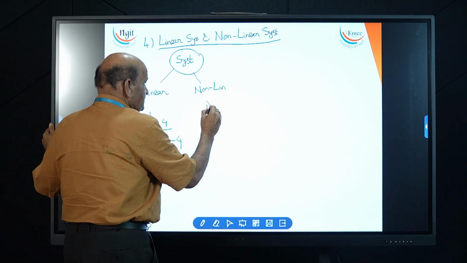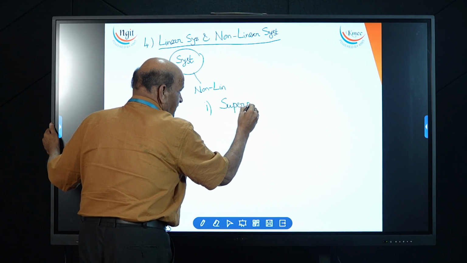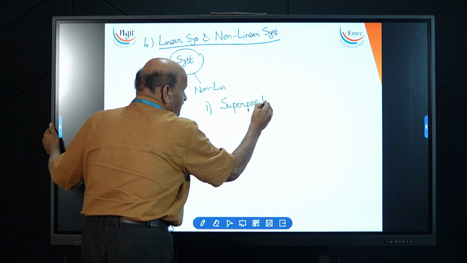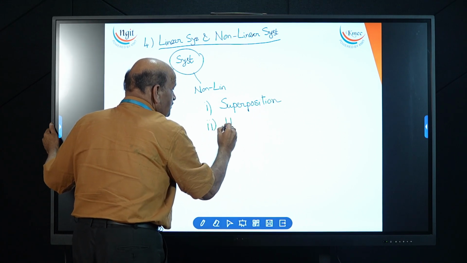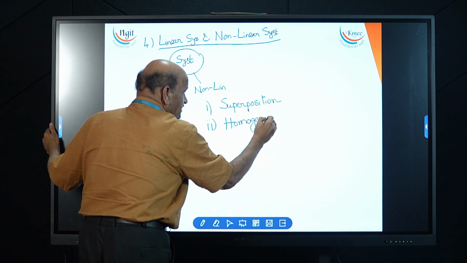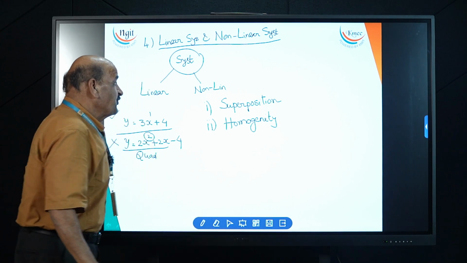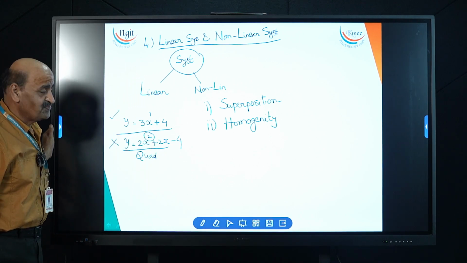What are these two conditions? The first one is called the superposition condition. The second one is called the homogeneity condition.